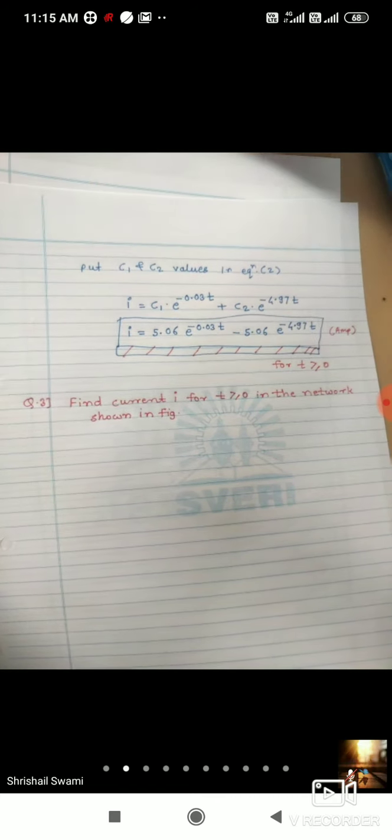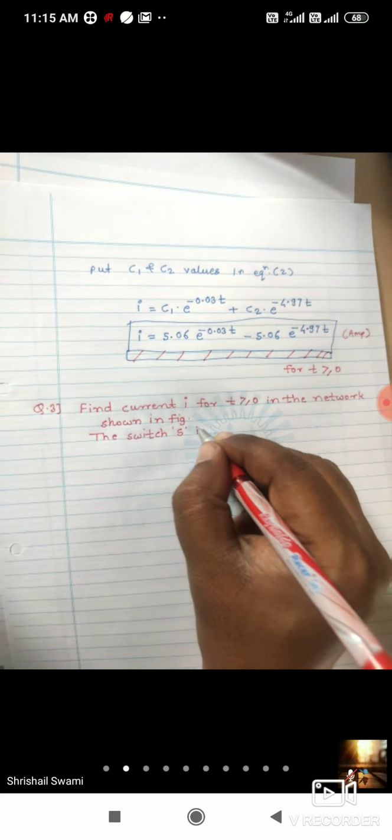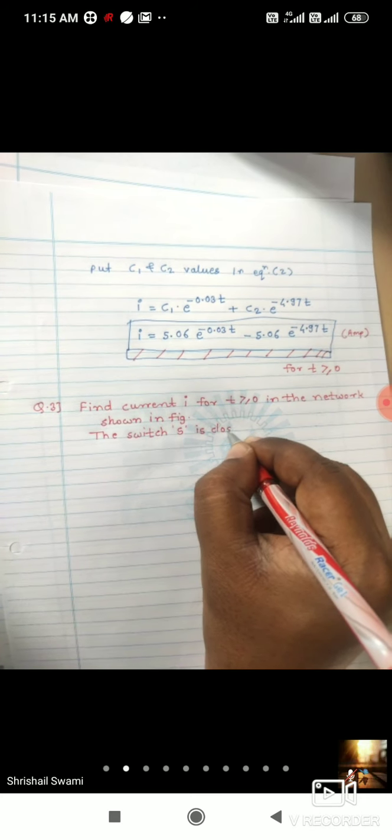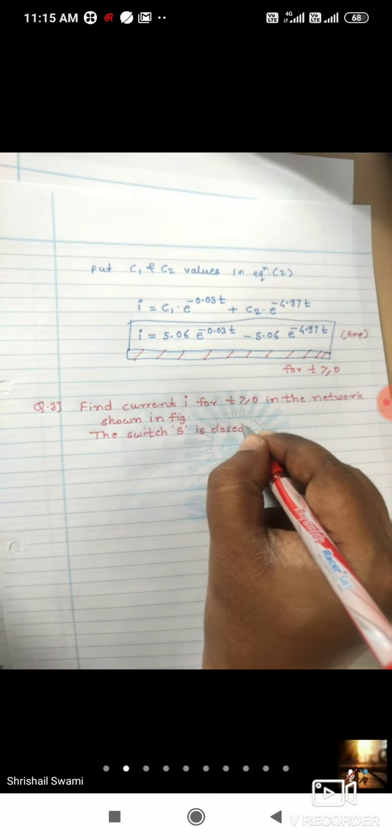The switch S is closed at time t equal to 0.